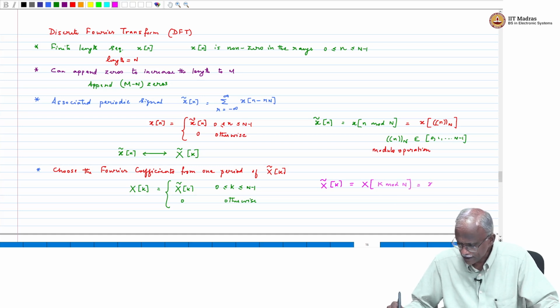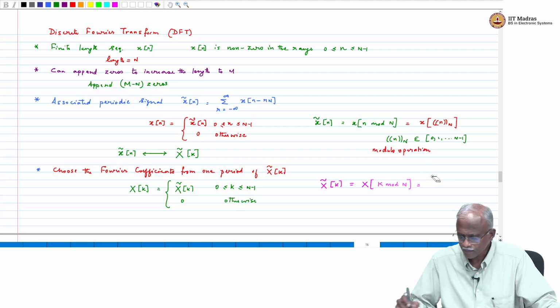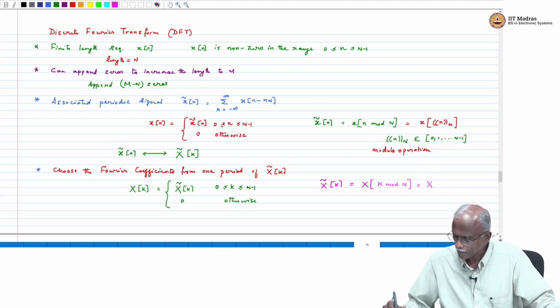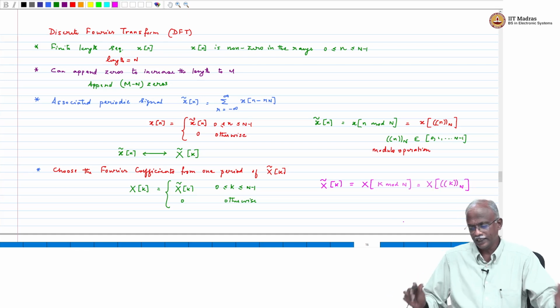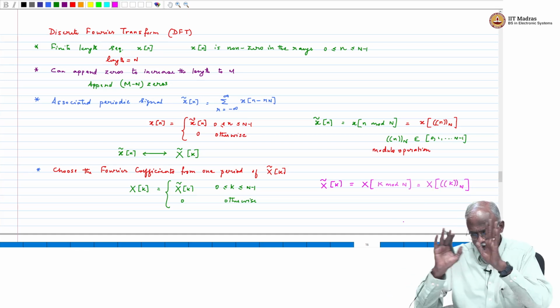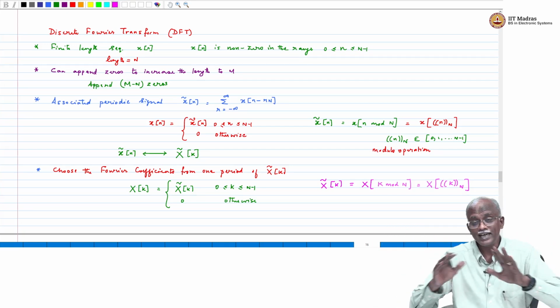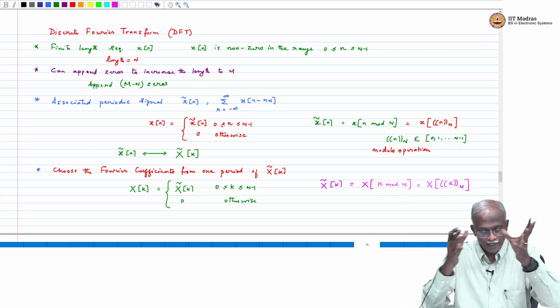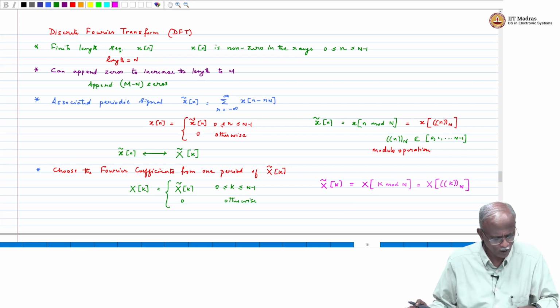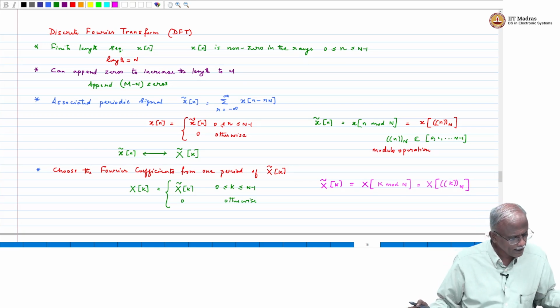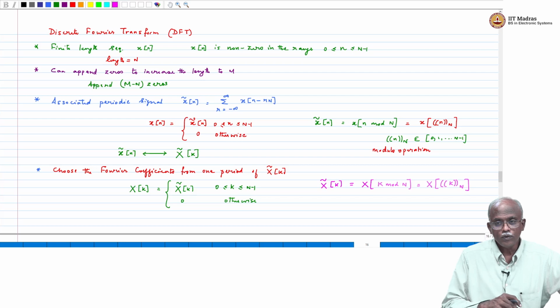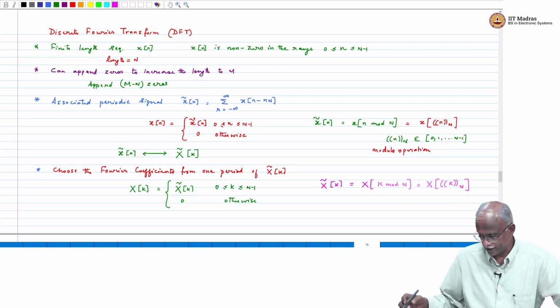This is the same as uppercase X of ((k)) subscript N, modulo N. The index of x of n and uppercase X of k has to be defined in the range 0 to N minus 1. That is extremely important.